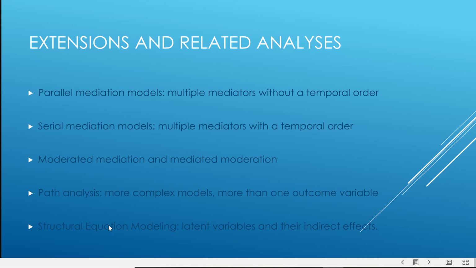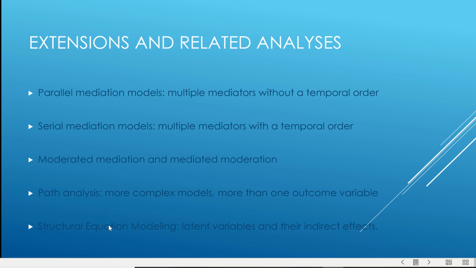There's also moderated mediation and mediated moderation. Moderated mediation involves looking at how the indirect effects change across the levels of another variable. So is there another variable that impacts the strength of the mediation?